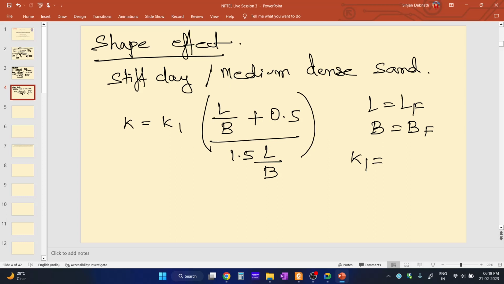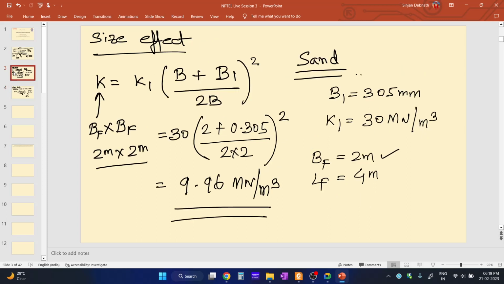So this K1 is the subgrade modulus corresponding to a larger square footing, that is BF by BF. What was the subgrade modulus value of the larger square footing? This one, 9.96 meganewton per meter cube.